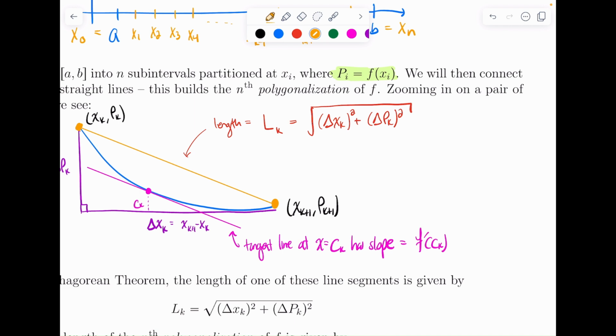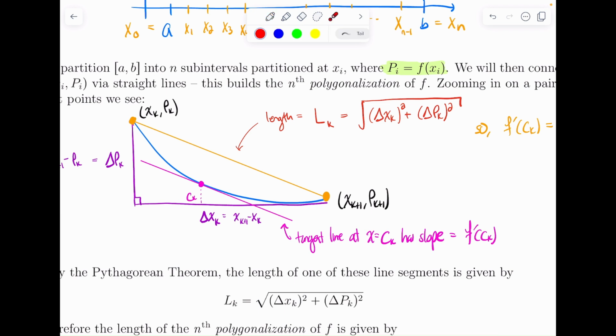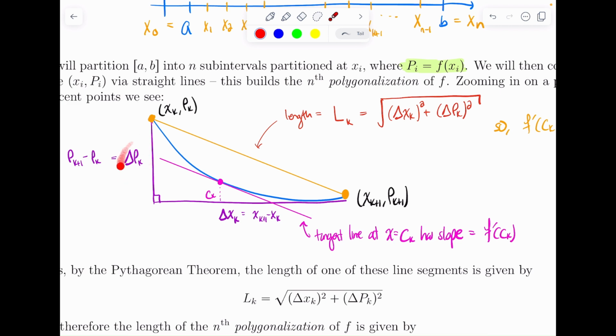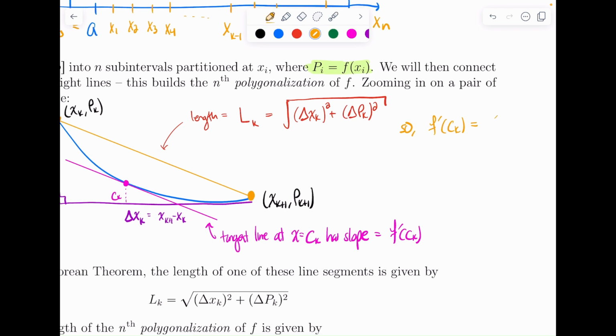Okay, now I'm talking about the orange line, so I'll switch to orange. So what I'm observing over here is that the slope of the pink line, f prime of ck, is the same as the slope of the orange line. Well, by algebra, the slope of a line is just rise over run. Rise of delta pk, run of delta xk. So that should be equal to delta pk over delta xk.